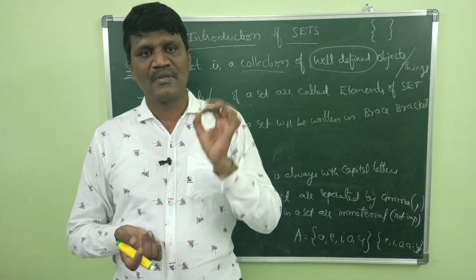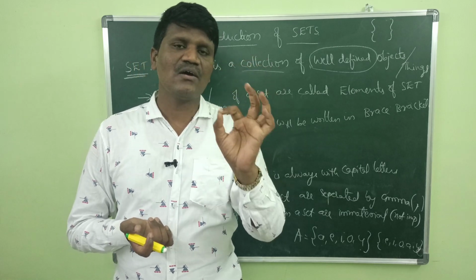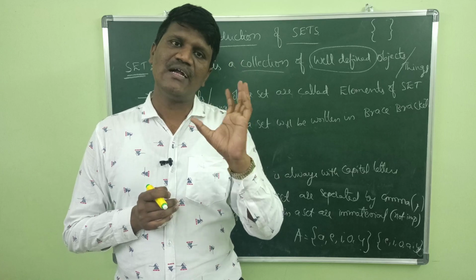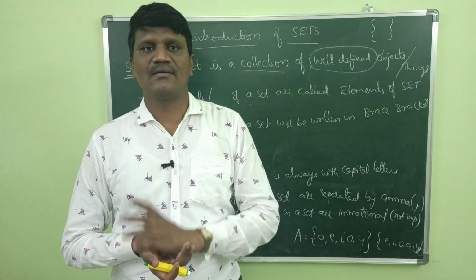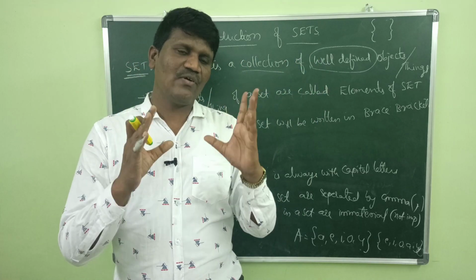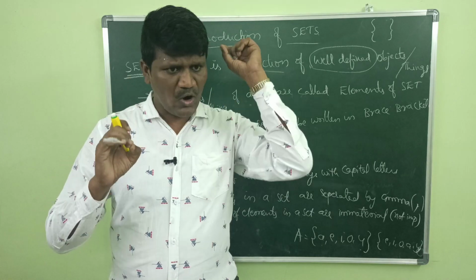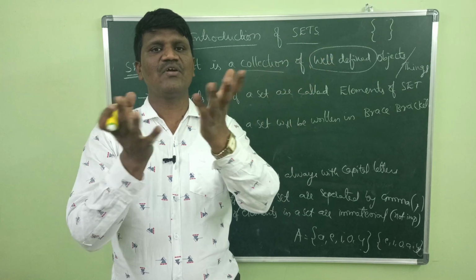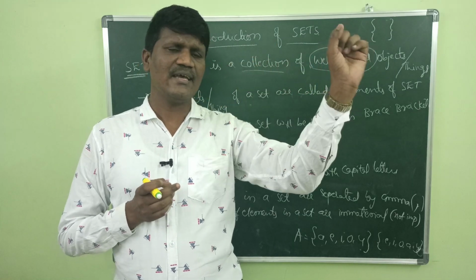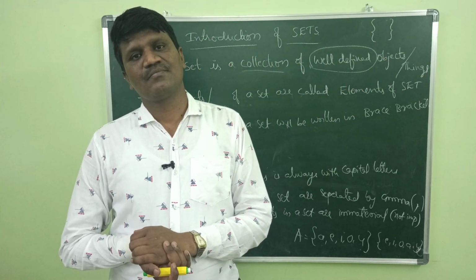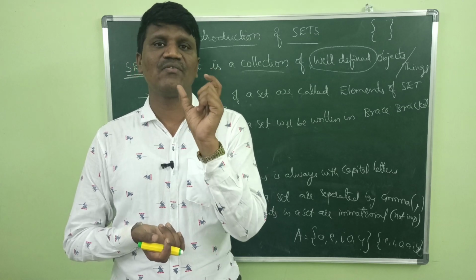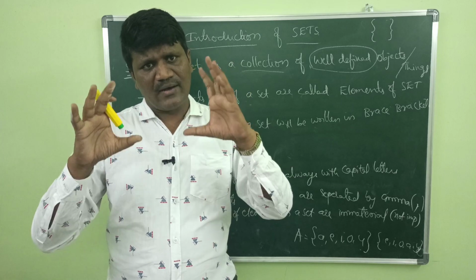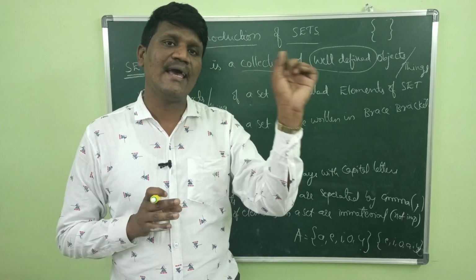So what is a set? A set is a collection of well-defined objects. Well-defined means there should be a proper definition to that statement, or else everyone in the world should write the same objects. Then that is called a well-defined collection.